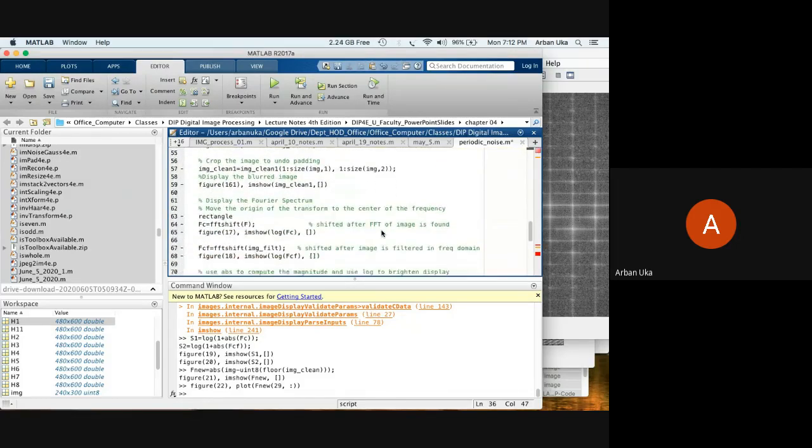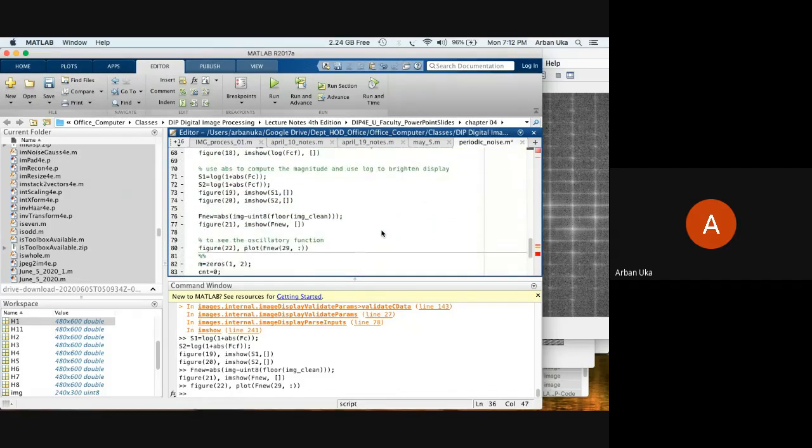So what can be done, if you watch carefully, is that we defined this f new, which is the difference between the original image that we had at the beginning minus the unsigned integer 8 type of variables after we have this image clean. And if we subtract these two, we observe this imshow f new.